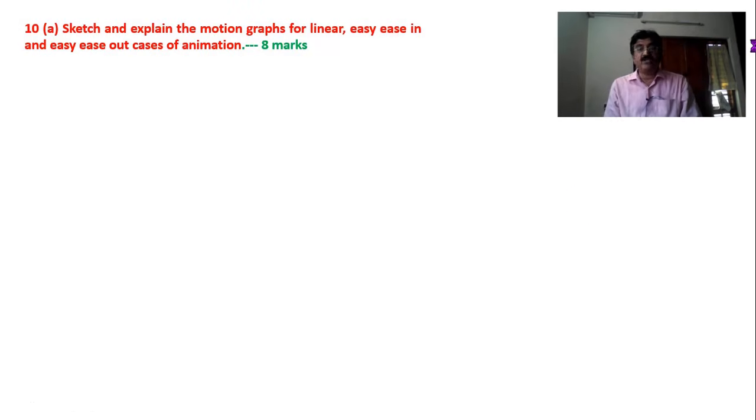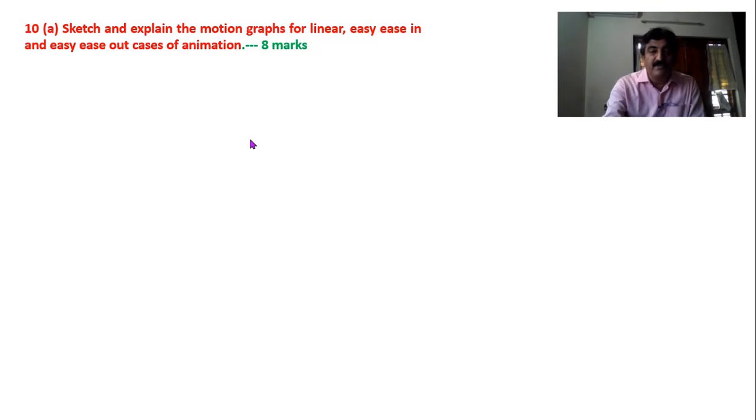Now we have questions on animation. Sketch and explain the motion graphs for linear, ease in and ease out cases of animation. See, in linear motion we have what is called uniform motion. Uniform motion means acceleration is 0, but the body is moving with constant velocity.